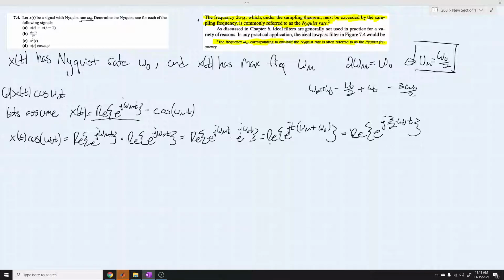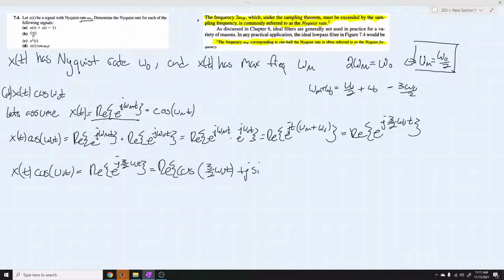And that is x of t times cosine omega naught t. Almost done here. We'll write this out one more time for clarity. That's equal to the real part of e to the j 3 over 2 omega sub naught of t, and that's going to look like this: the real part of cosine 3 over 2 omega sub naught of t plus j sine 3 over 2 omega sub naught of t.